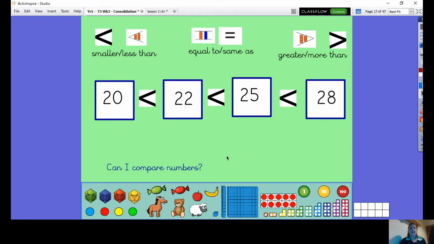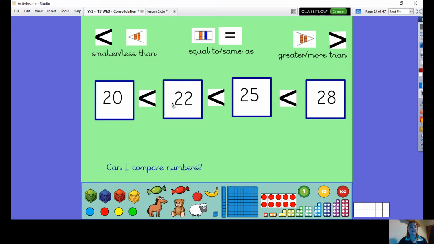So now let's have a look at my statement. So I'm saying that 20 is less than 22, 22 is less than 25, and 25 is less than 28. Okay, so sometimes it's just having a little look at the numbers and thinking to yourself.